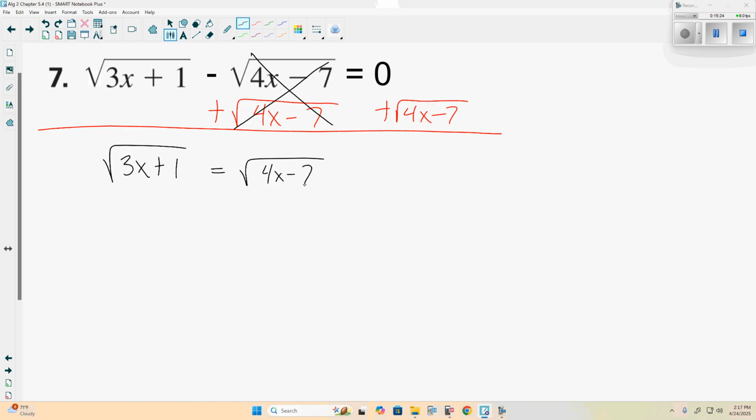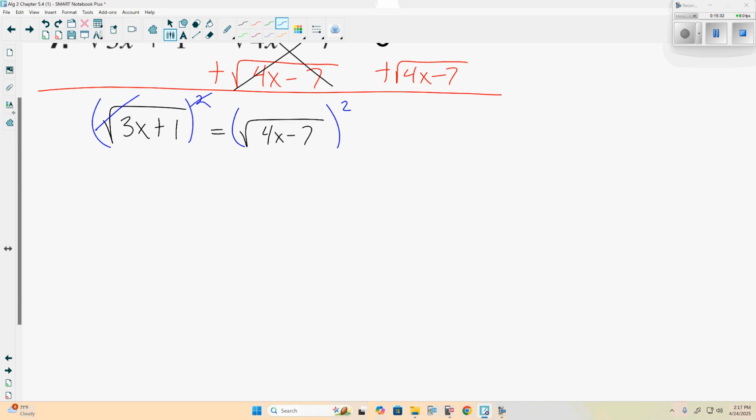Now, since we have them evened out, we're going to put both sides to the nth power. Because it is an individual term, it's not two radicals being added or subtracted. We're squaring. Essentially, we're still doing the same thing. But when we square a square root by itself, they do simplify out, telling us that we have 3x plus 1 equals 4x minus 7.